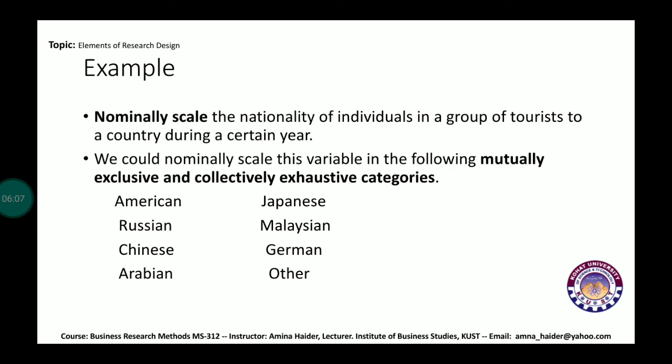Like earlier, we said by mutually exclusive and collectively exhaustive categories, it means that each and every member of the population must be capable of being classified into one and only one category. So if he has to choose the nationality, then he has to choose between the options that are given to him.